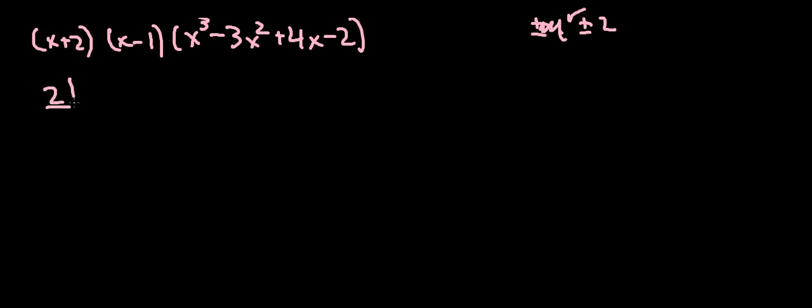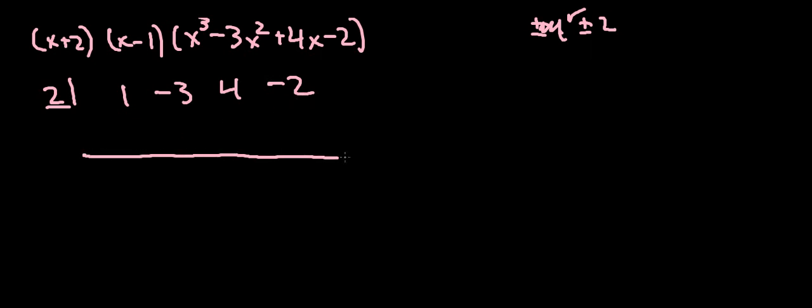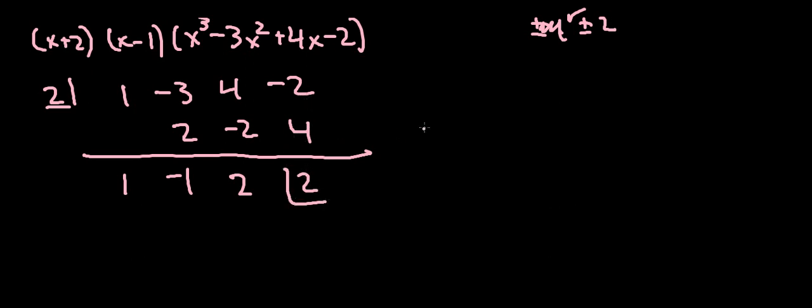So we have 2, and we have 1, minus 3, 4 and minus 2. 1 times 2, that is 2. This is minus 1. Minus 2 gives us 2. 2 times 2 is 4, and this gives us 2. So this is not a factor either.